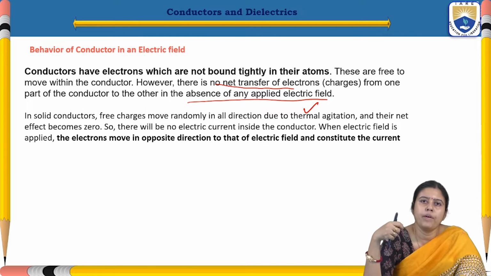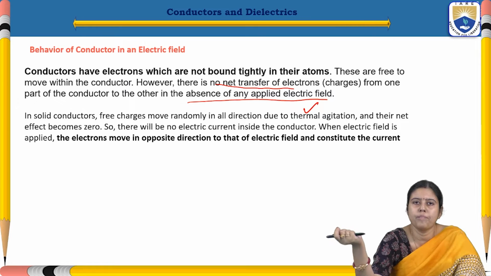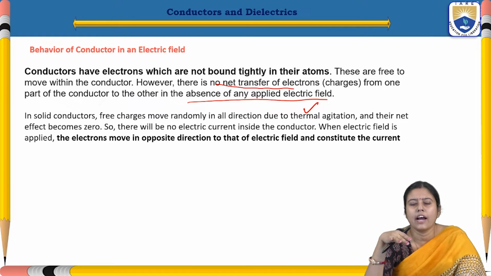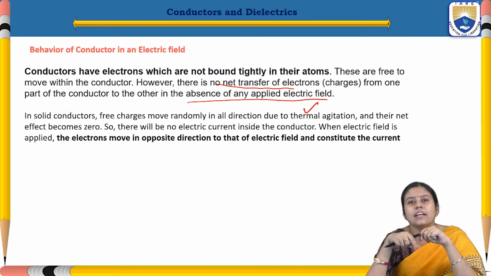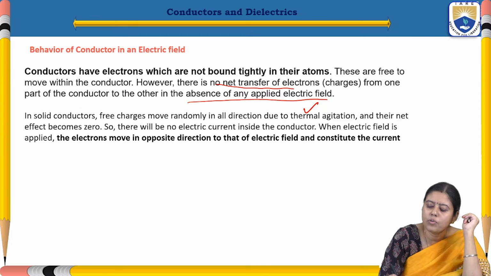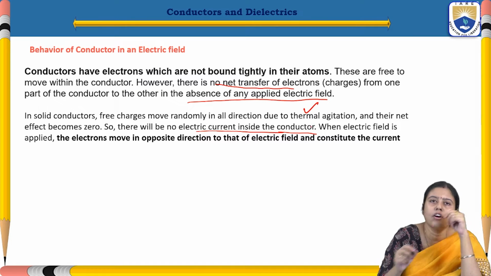If there is a copper conductor and we heat it, due to the thermal agitation, the free electrons, as they are loosely bound, will start to move randomly. As the direction is random, the current is zero. So there will be no electric current inside the conductor.